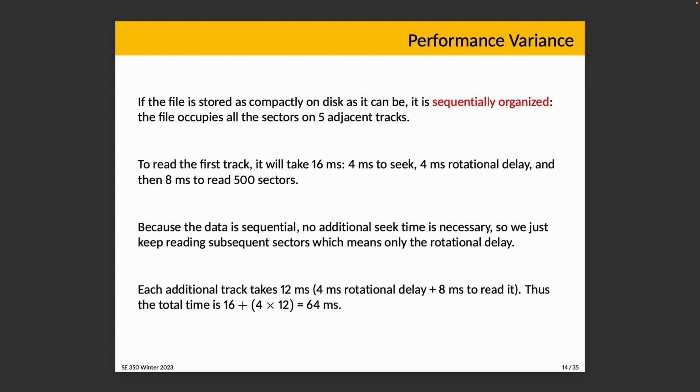So each additional track takes 12 milliseconds, because we skipped the seek time, but there's rotational delay, and there's 8 milliseconds to read that track. When we do this, we end up with a total time of 64 milliseconds, right? 16 for the initial one, because we had to go there, and then 12 for each additional track, because it's all sequential. Okay, not bad.